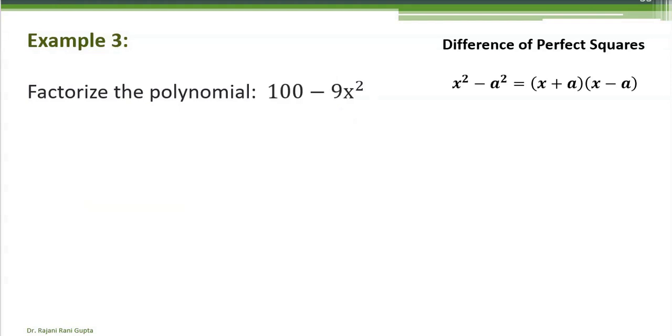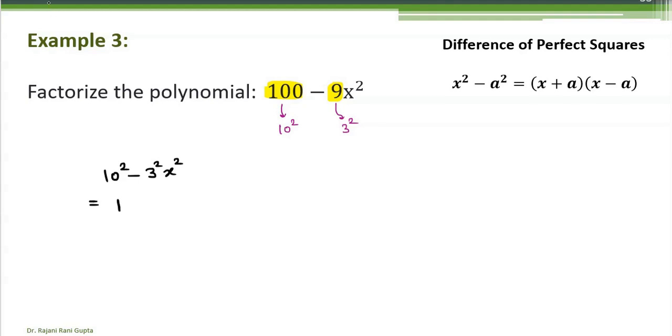Another example. Here you have 100 and 9, and x is with power 2. So 100, yes, it is 10 power 2. 9 is 3 power 2. Let's rewrite our question. It becomes 10 power 2 minus 3 power 2 x power 2. So what did you get?